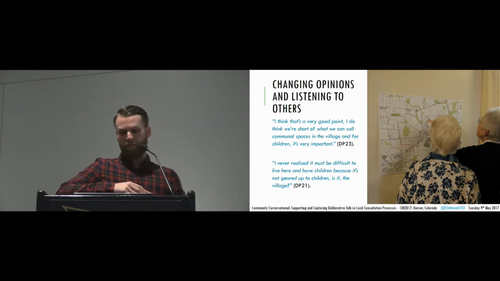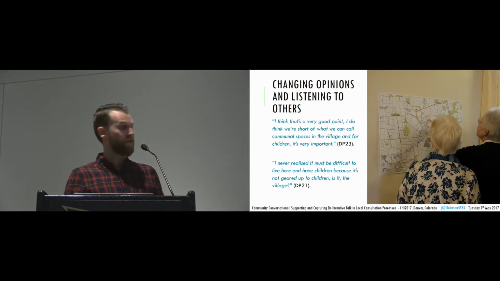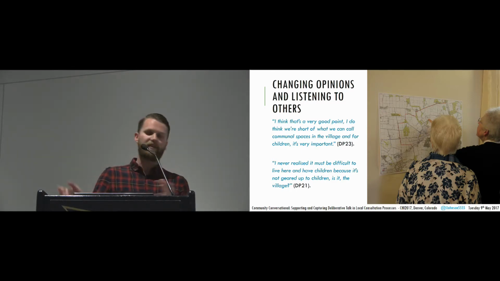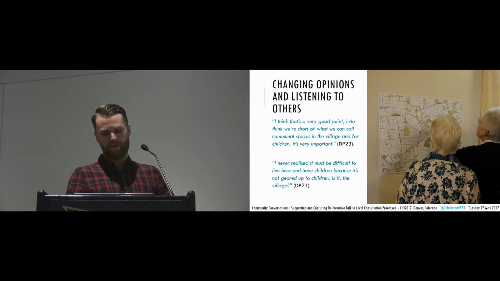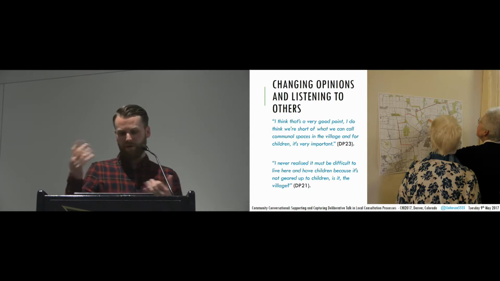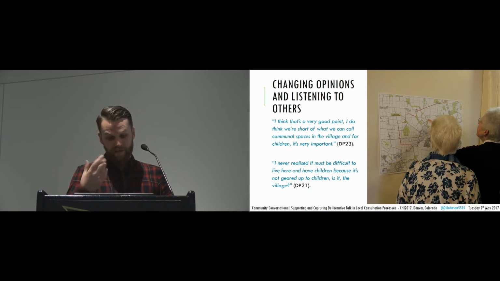So during the game, residents showed a willingness to listen to and even empathise with alternative views and take these into consideration even during their turn, which was something very different from what we'd seen in the observations. For example, one resident, these were older residents on this table, maybe in their 60s and 70s, on their turn said, I think that's a very good point.